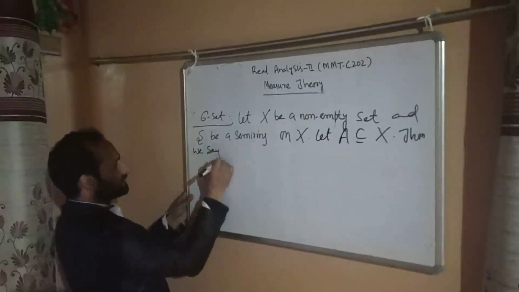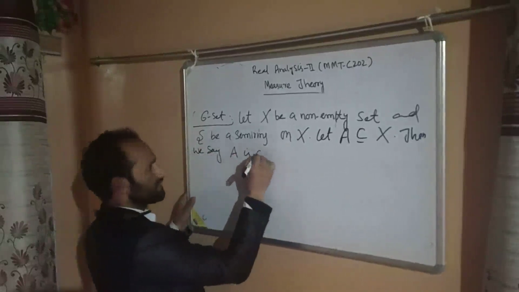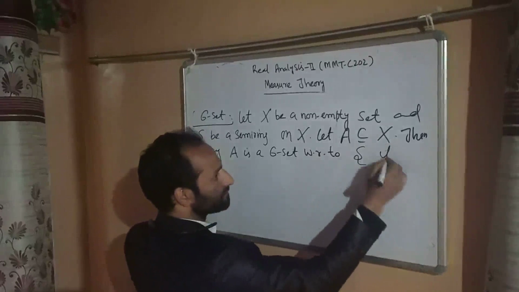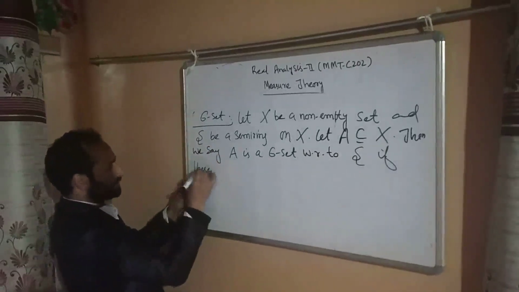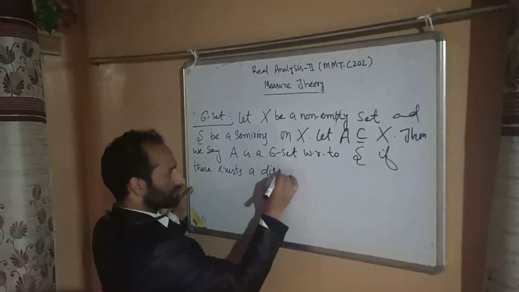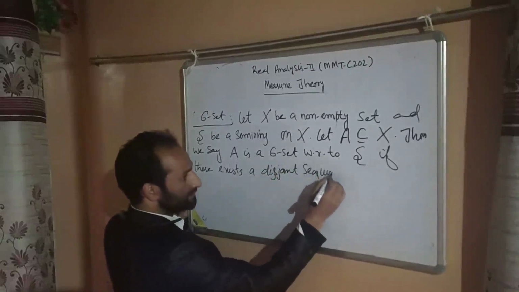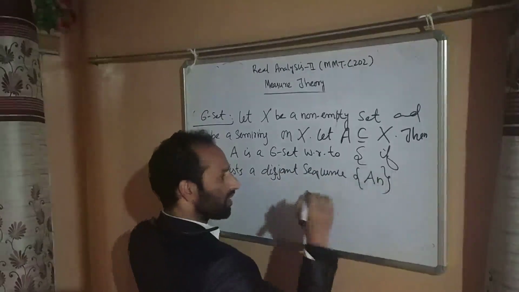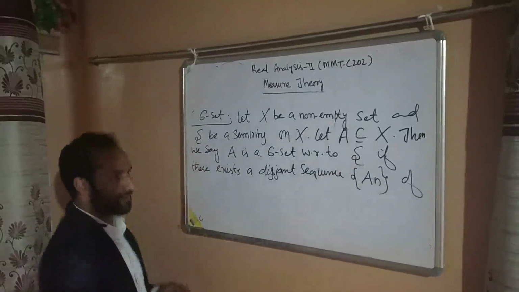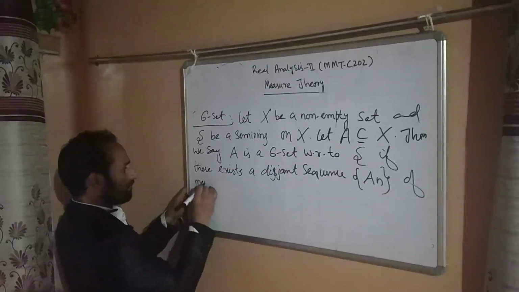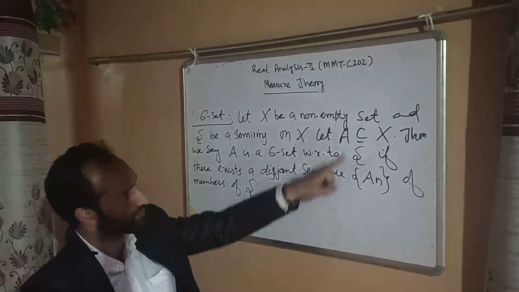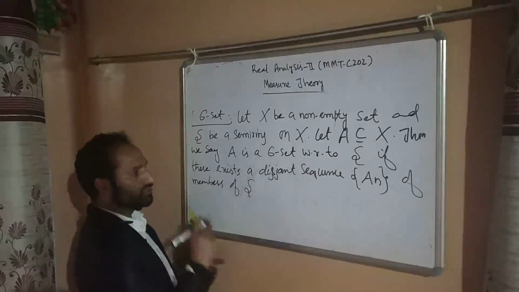A is a sigma set with respect to the semiring S if there exists a disjoint sequence An of members of S. That means each An belongs to S, so each An is a subset of X but also a member of S, and they are also disjoint.